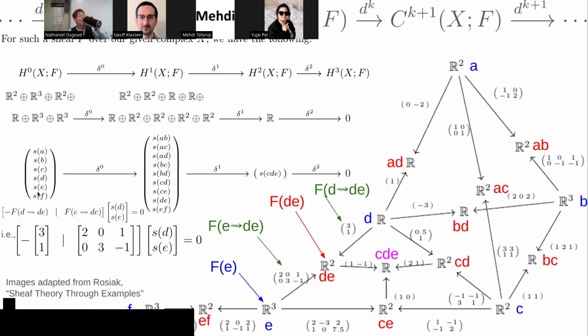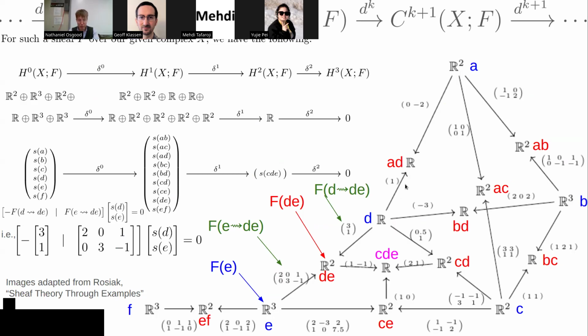Here we go. So I've labeled them. Here's simplex A. We have some data over it. What's its dimension? 2. We have data over B. What's its dimension? 3.